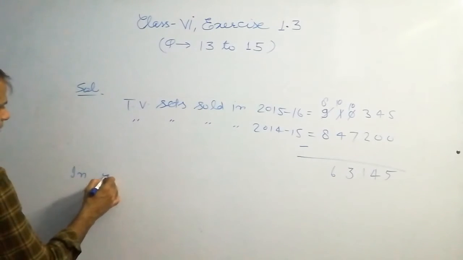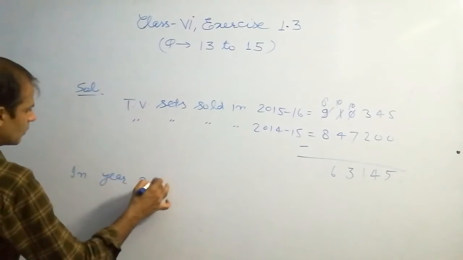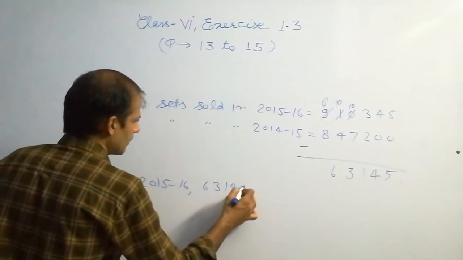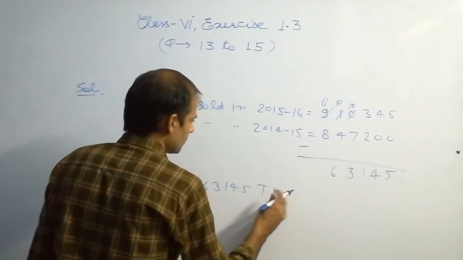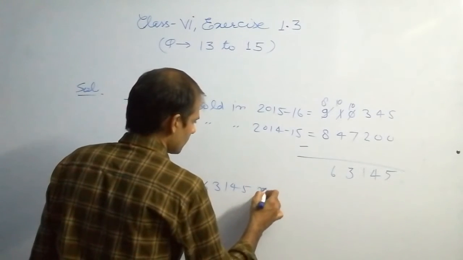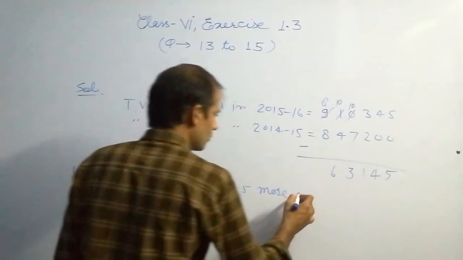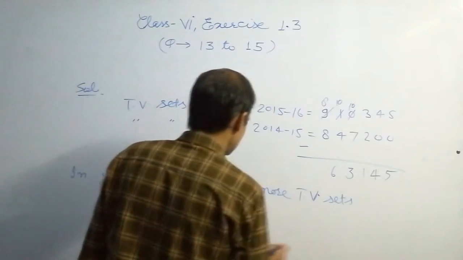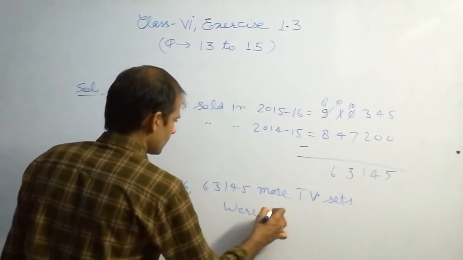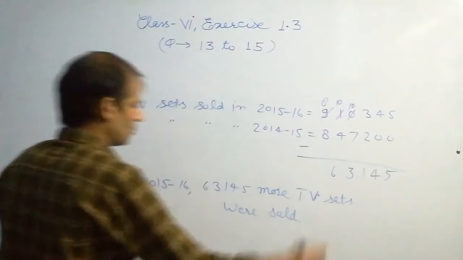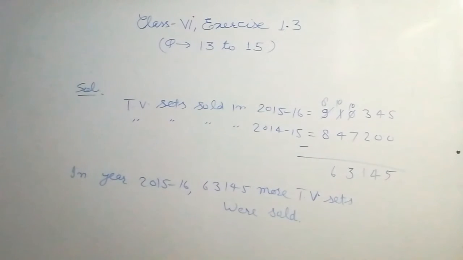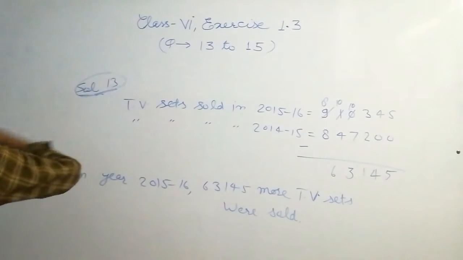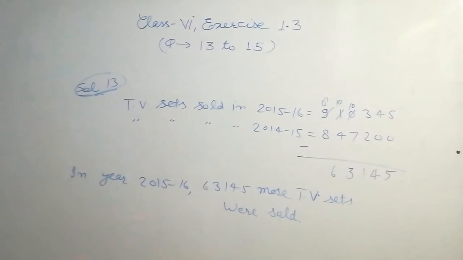In year 2015-16, 63,145 more TV sets were sold. So this is the answer of question number 13. Students, pause the video and note it down.